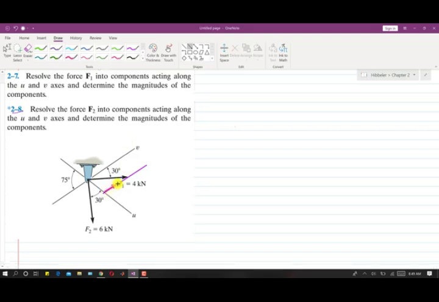So this will be the component of this F1 along the V axis, right? This line is parallel to the V axis, and if we want to draw the component of this F1 along U axis, then this will be that component. So we can write that this component is F1V and this one is F1U, right?